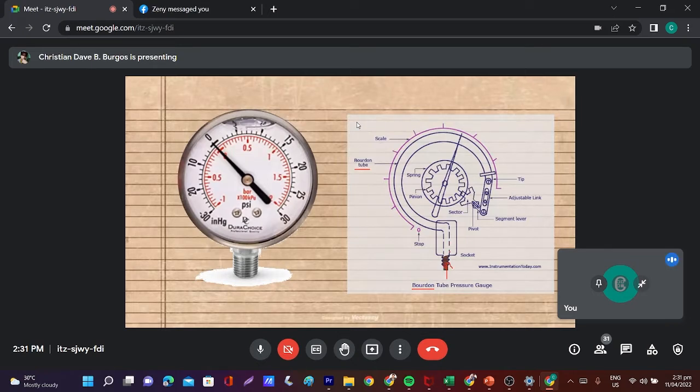Nakalink po siya dito sa segment lever. Kapag nag-expand po, tataas po yung indicator sa pressure po. Tapos kapag nag-contract po, bababa po. Ganun po.